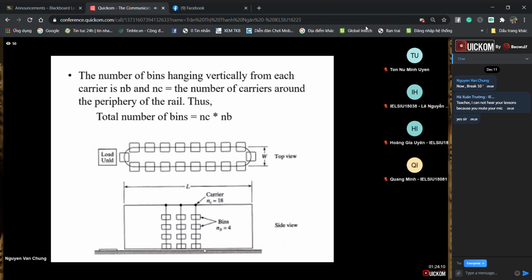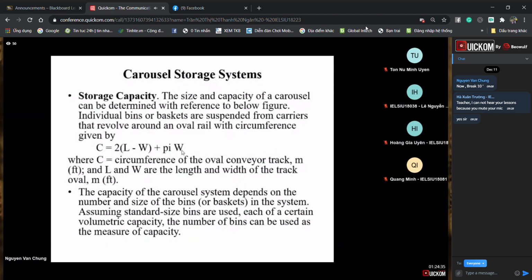This is horizontal, and then you have the loaded unit or unloaded unit. So this is the top and side view, and there are the bins.